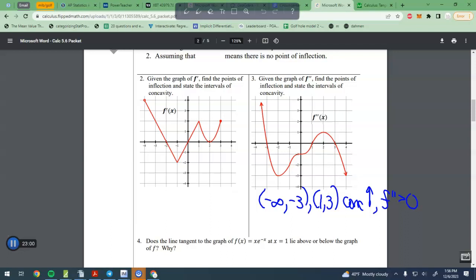And then concave down, -3 to 1, and 3 to infinity. We're concave down here because we're below the axis.